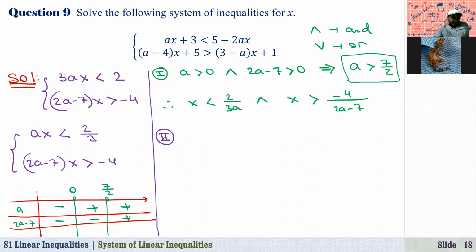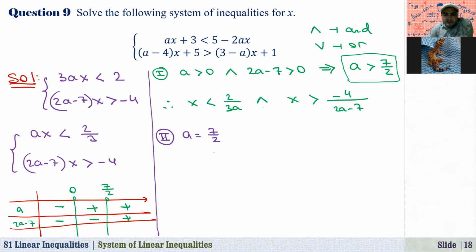Okay. All right. The second case here is, okay, we just considered the case when A is greater than 7 over 2. The second case is A is equal to 7 over 2.